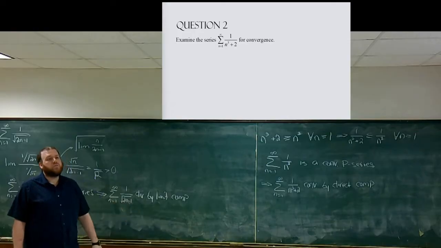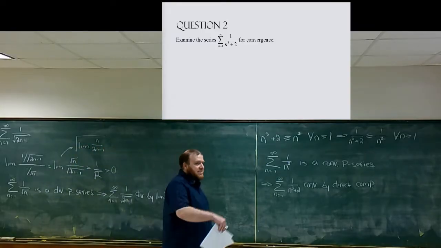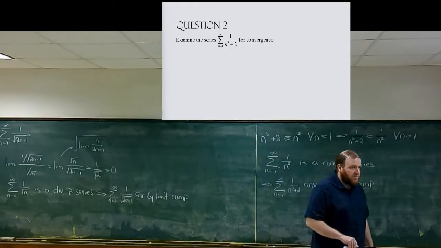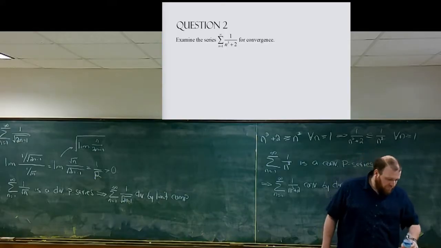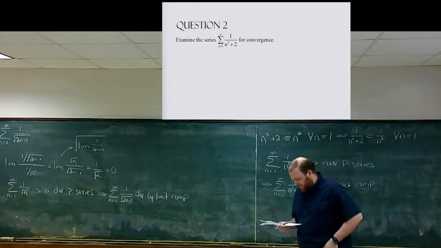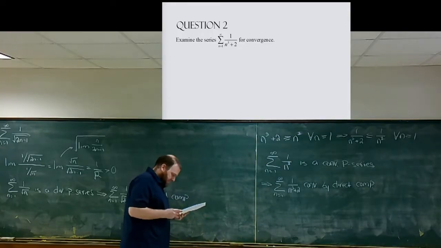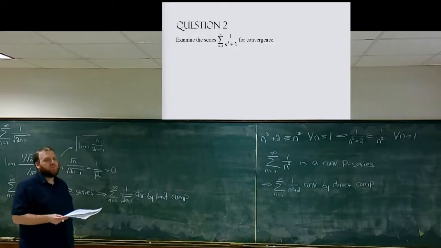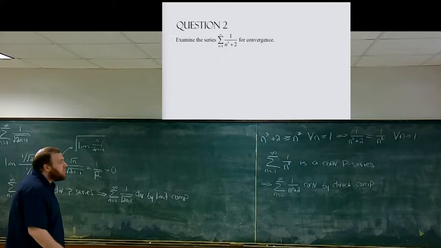It could converge or diverge. That's the sense of the direct comparison test. So I would have used limit comparison on this with 1 over n cubed, and gotten the same result.